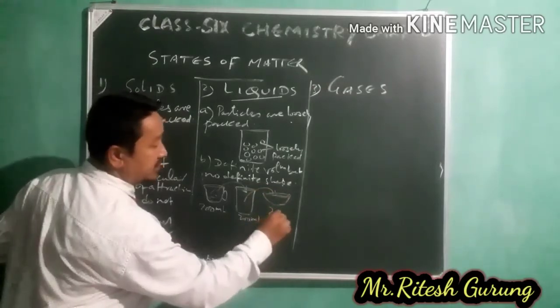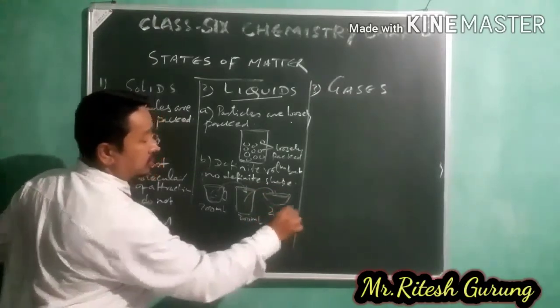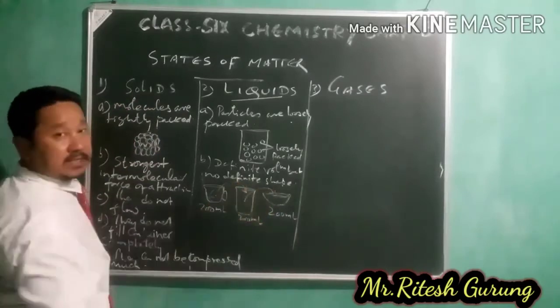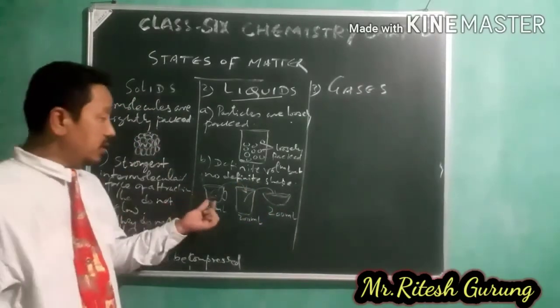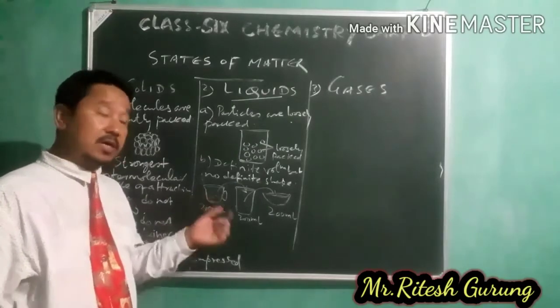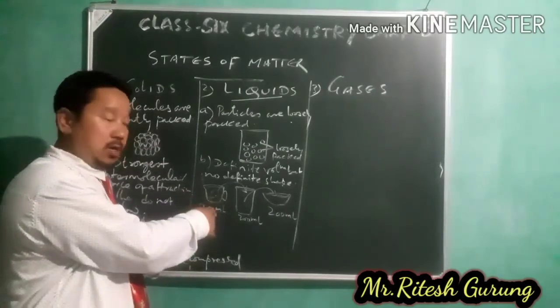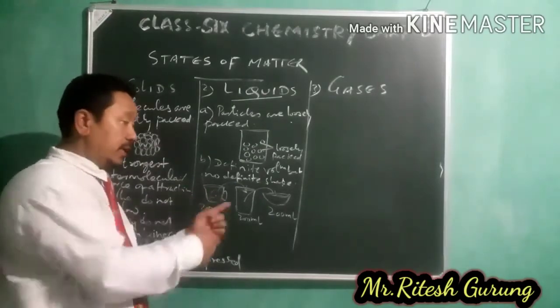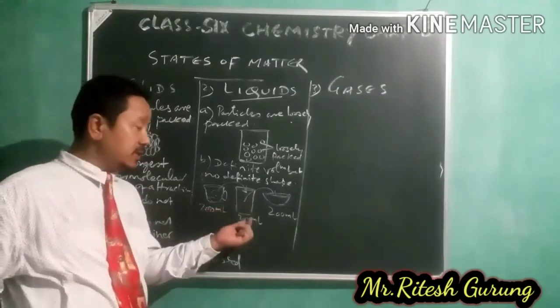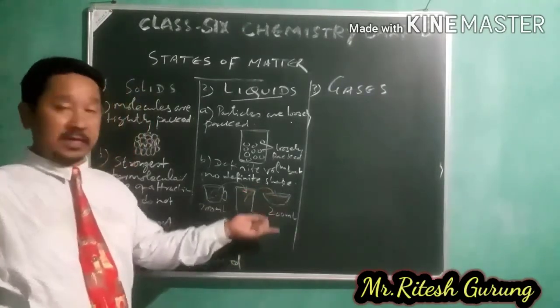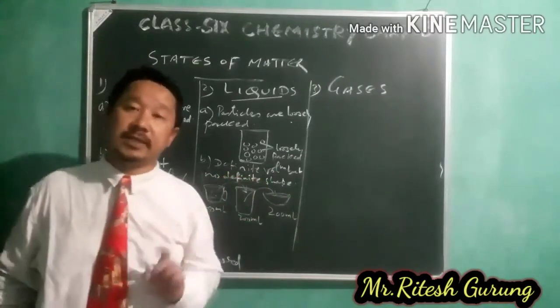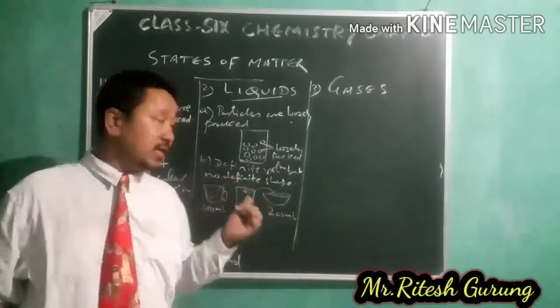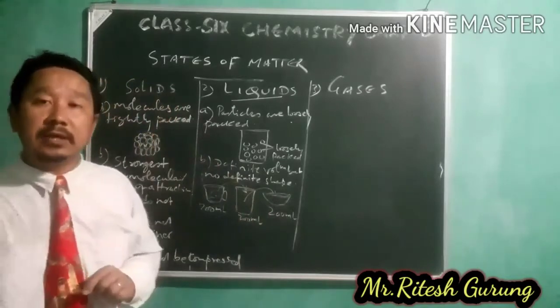The volume will be the same, 200 ml in all three cases, but the shape is different. Whatever shape the cup has, the water will possess the same shape. So it has a definite volume but no definite shape. That's what you can see in the case of liquids.